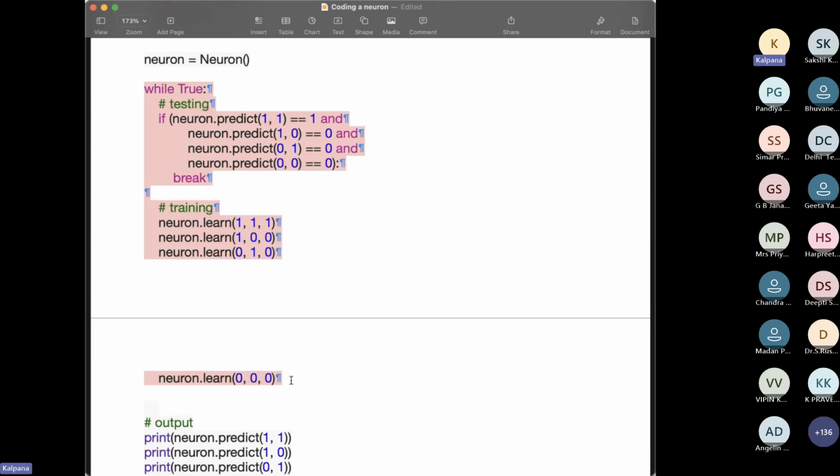Some weights will be adjusted during the training phase, and then for those weights, the testing will happen. If all the 4 answers are correct, the test will break. Otherwise, it will go on learning. Again, weights are adjusted slowly, and then again testing, and so on. This loop will continue, and at some point of time, it will be able to find the optimal weights.